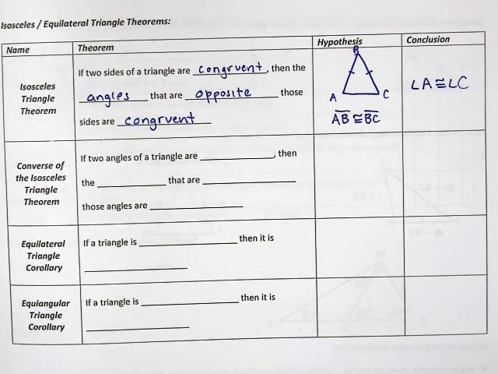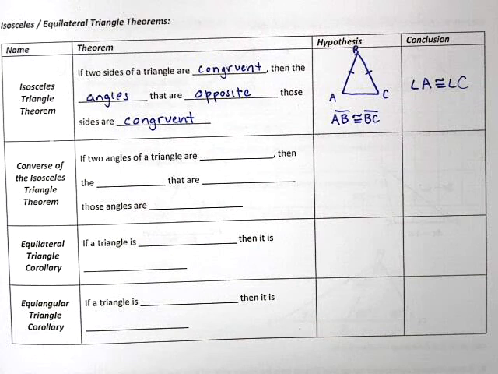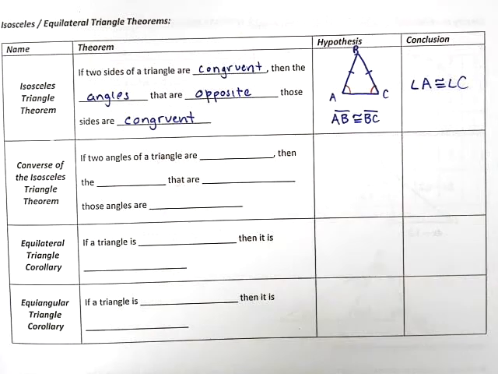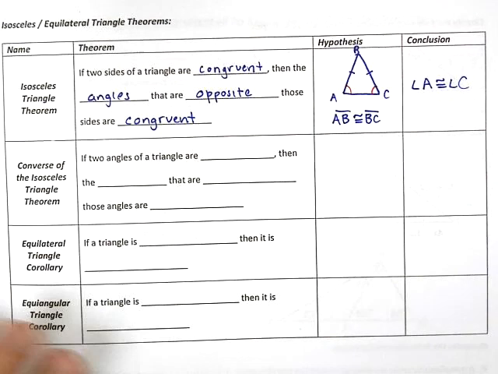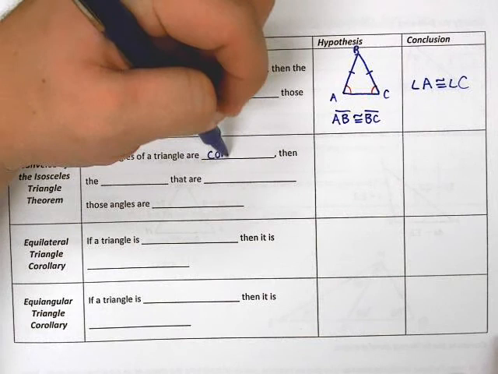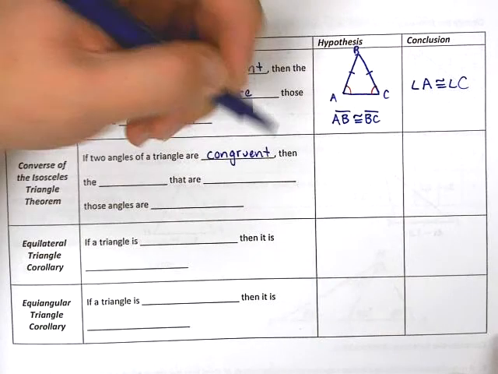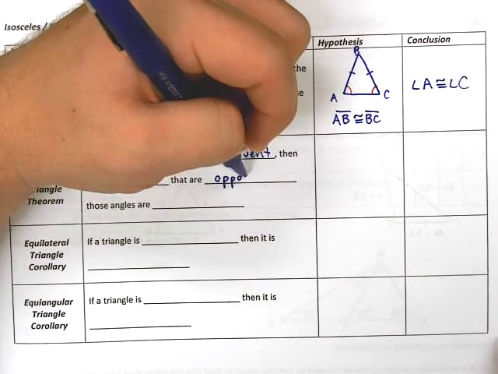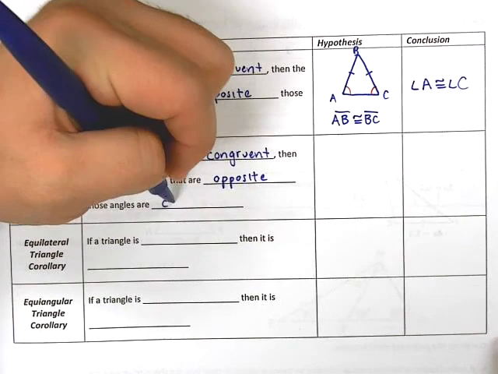Now, it works the same, but in reverse. I'm going to mark that just so you have it. Now we know that that is true. Again, it works the same in reverse. If two angles of a triangle are congruent, then the sides that are opposite those angles are congruent.